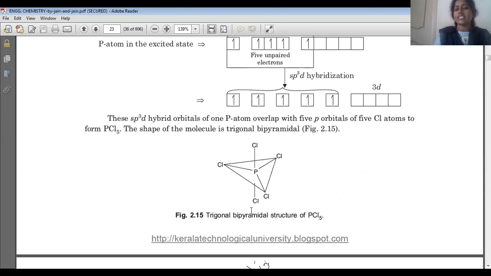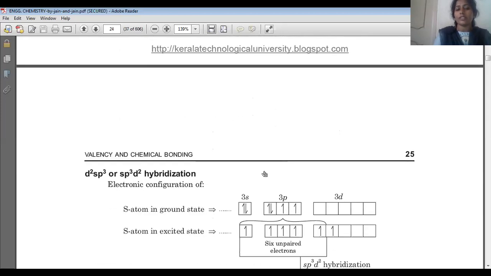These are called axial chlorine atoms and the remaining three are called equatorial chlorine atoms. So this is the structure of trigonal bipyramidal geometry, where the central phosphorus is surrounded by three equatorial chlorines and two axial chlorines.